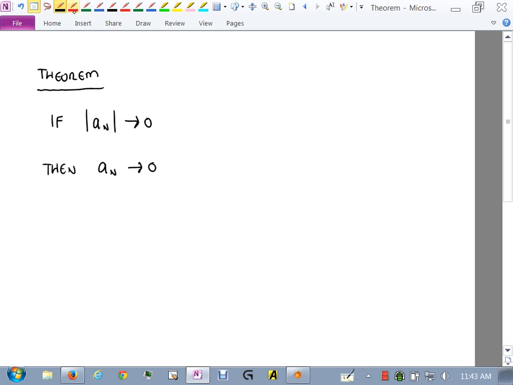Example. Converge or diverge here? Does this converge or diverge?